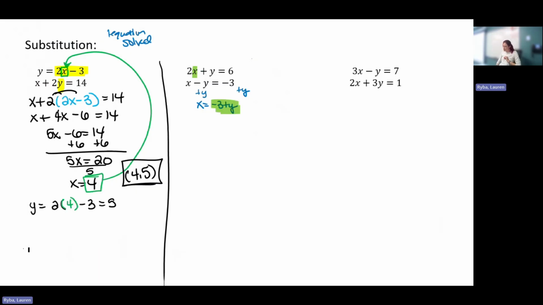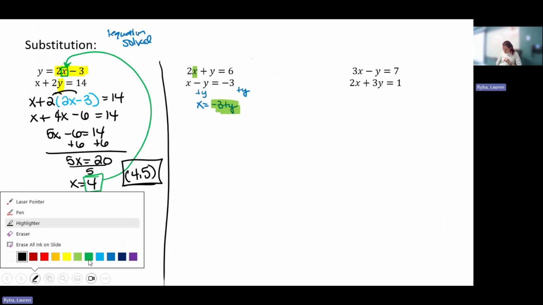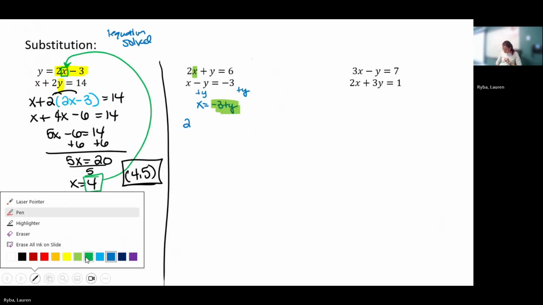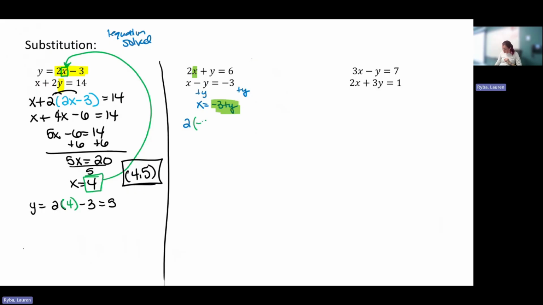And the key is you always have to make sure you put it in the other equation, the one you didn't work with. So instead of writing 2x, we're going to write 2 times -3 plus y equals 6.